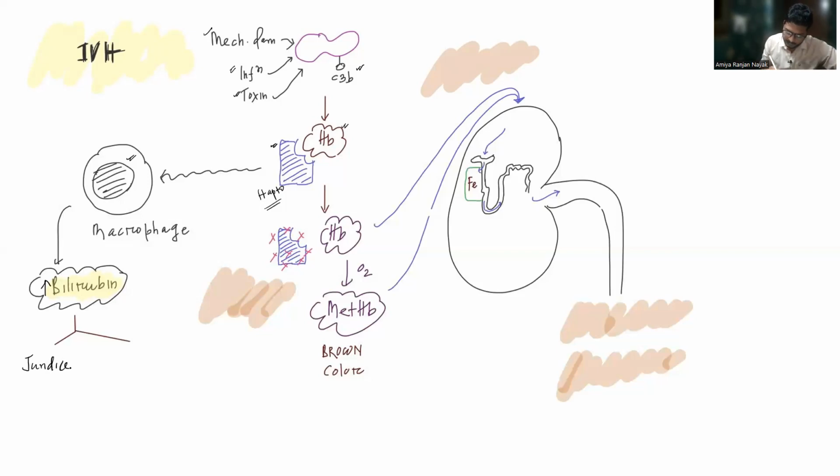So that can manifest as jaundice, and you may also get pigmented gallstones. Okay, but these features are less compared to what we see in extravascular hemolysis. In extravascular hemolysis, you will find more of jaundice and pigmented gallstones. In intravascular hemolysis, you may get them, but it is less.